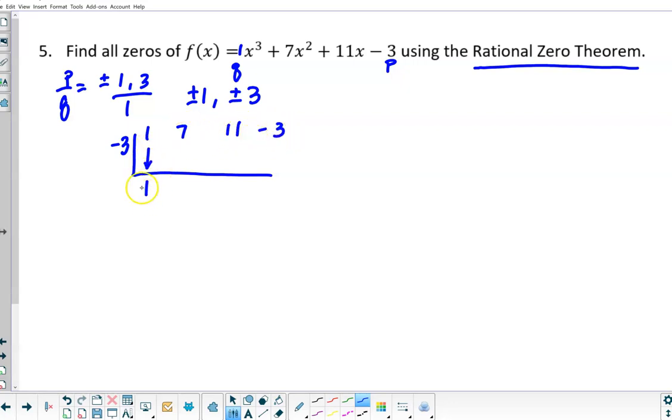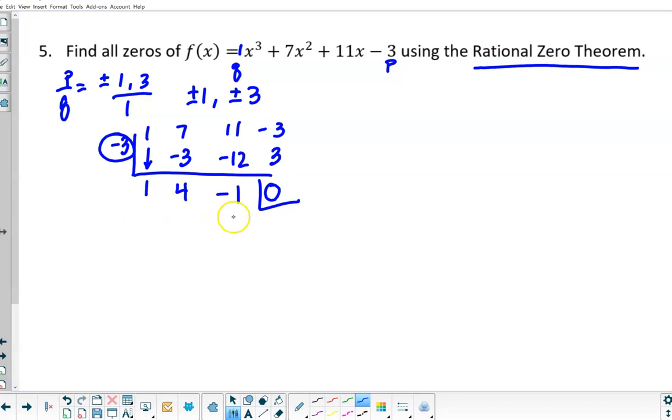Bring down the 1, multiply by -3, add, we get 4, multiply by -3, we get -12, add, we get -1, multiply by -3, we get 3, and add, we get 0. So that means that -3 is a zero. That one works. So now we want to find the other zeros.